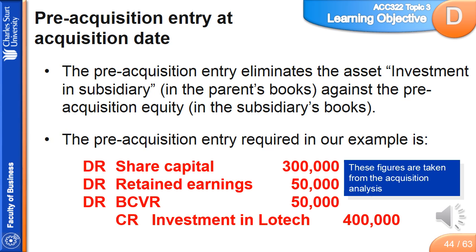If we were to backtrack and look through all the debits and credits we made to the BCVR account in our previous entries, that should equal a total of $50,000 credit. So this entry effectively clears the account to 0, and by backtracking and checking all your other debits and credits to the BCVR account, you should be able to verify that $50,000 is correct.